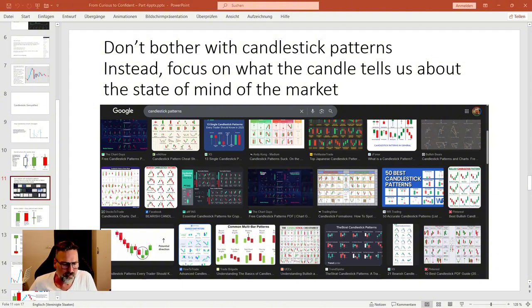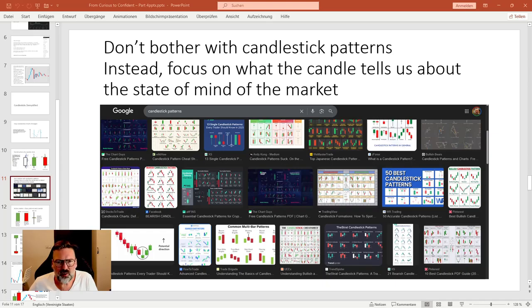So, let me tell you something. I never bothered to learn candlestick patterns, just a few basic ones. I studied price action really extensively, but I can tell you that to rely in your trading, when you put real money on the line, just on a sequence of 1, 2, 3, 4 candles, that's a little bit silly.